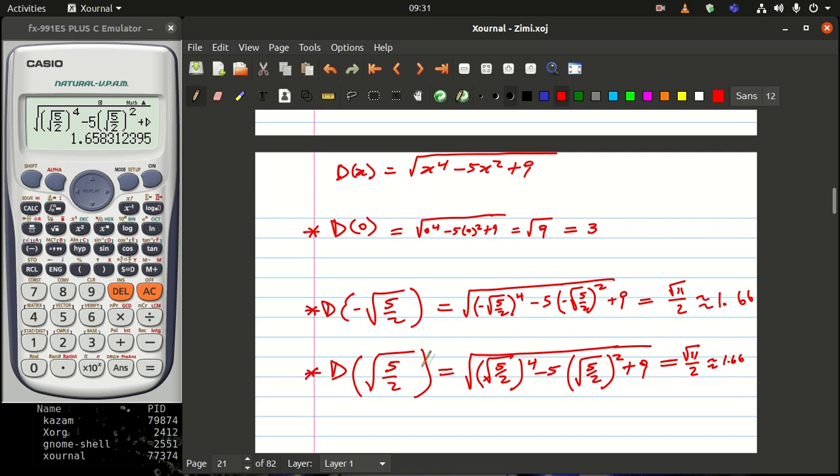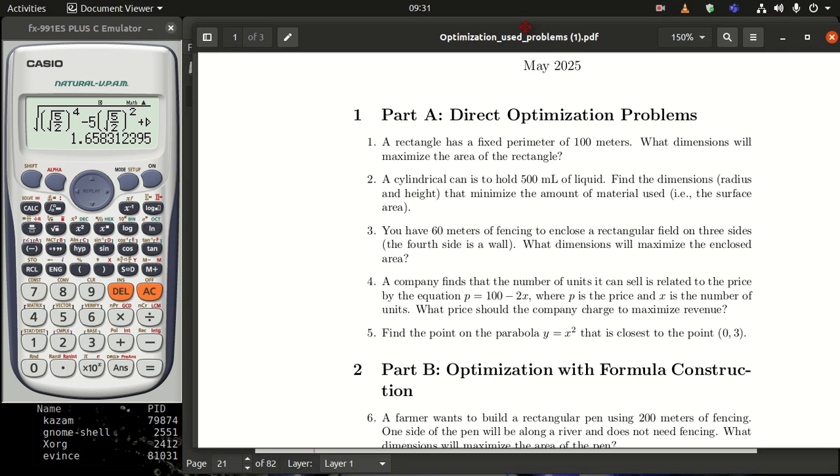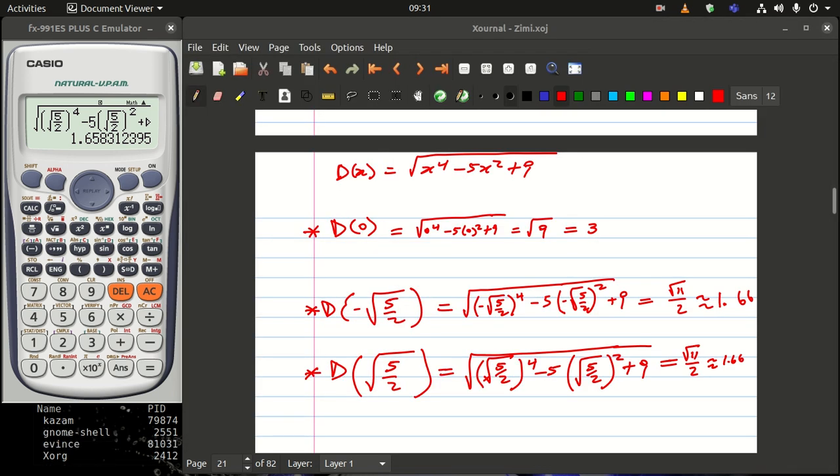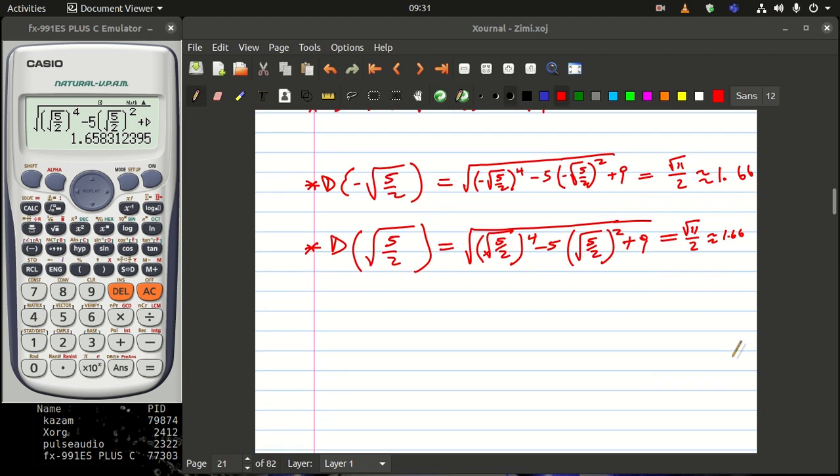So I am having these two. What was the question saying? The question here was saying to find the points on the parabola that are closest. So we want to minimize the distance. So if you look here, when we are having 0, 0 the distance is 3, but here the distance is closer.